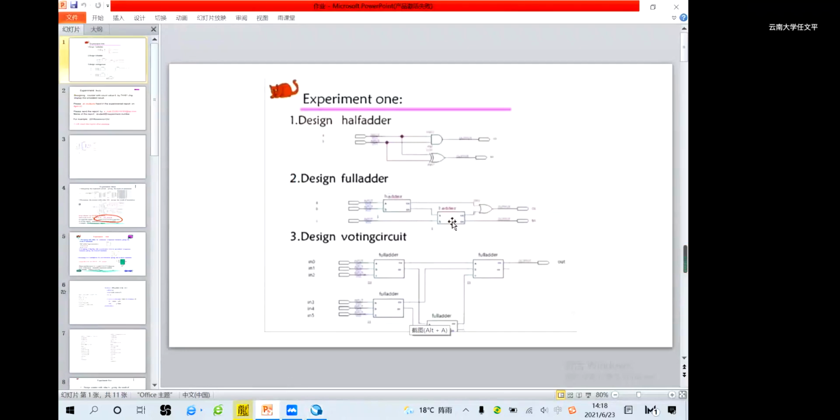This symbol is the symbol we created, and this symbol is a symbol the software provides.